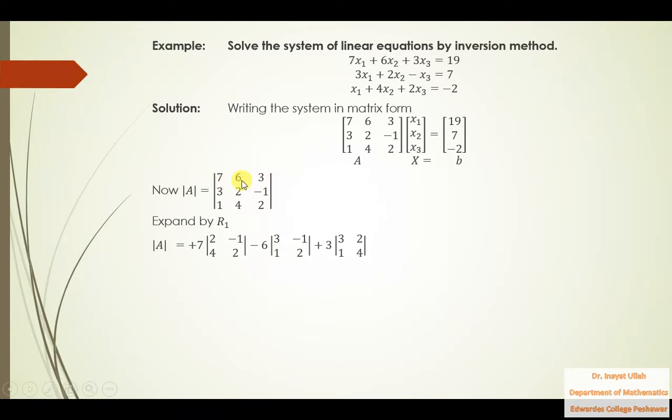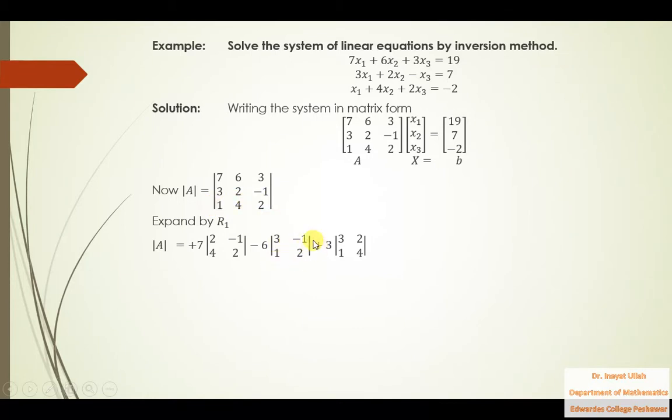Excluding these two, we get 2, minus 1, 4, 2, which is the cofactor of 7 along with this plus sign. And the cofactor of 6: by excluding 6, the first row contains 6, so this row will be excluded, and this column contains 6, so this column will be excluded. So we are left with 3, minus 1, 1 and 2.